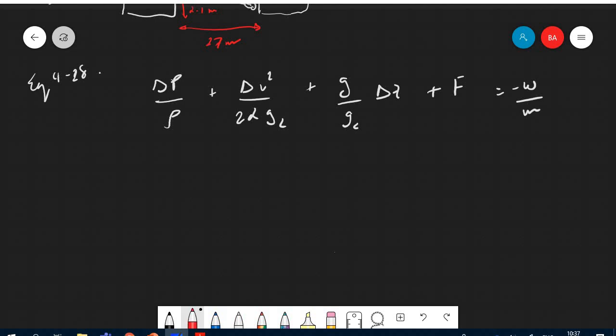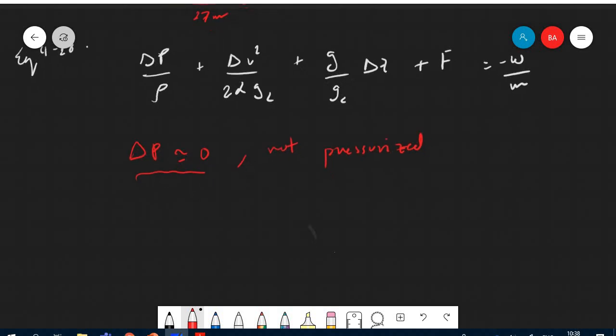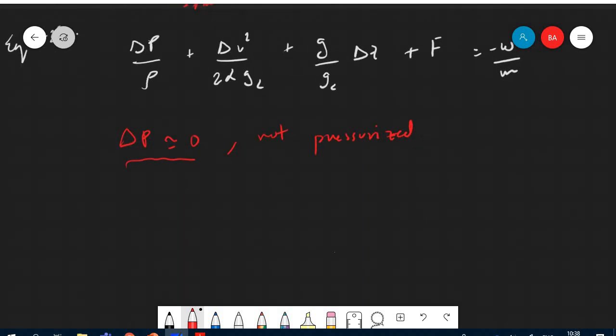What I would say is that delta P actually is not equal to 0. We can say it is equal to 0 because it's not pressurized. If it were pressurized, this could be big, but it could be negligible in that sense. So we'll consider that delta P is 0.